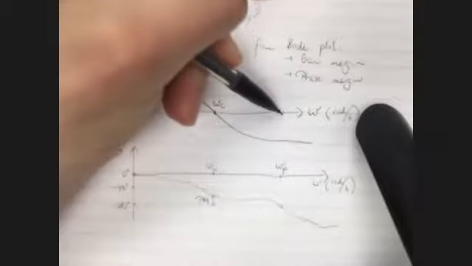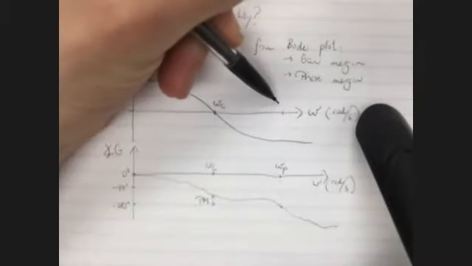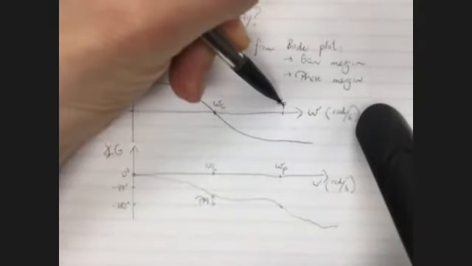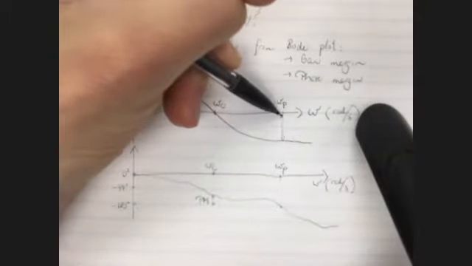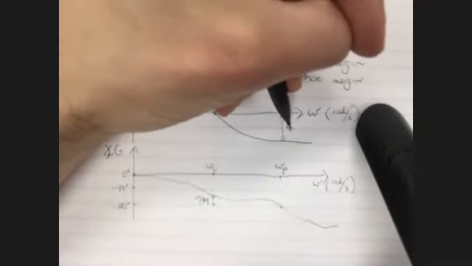Let's call that one omega P. So omega P is the frequency when we cross over to negative 180. Then I would come over to my gain plot and mark omega P. And I would check how many decibels below the 0 am I? So this right here would be your gain margin.